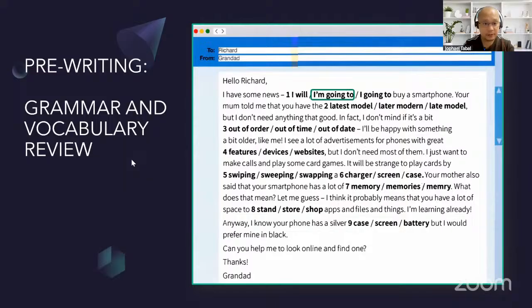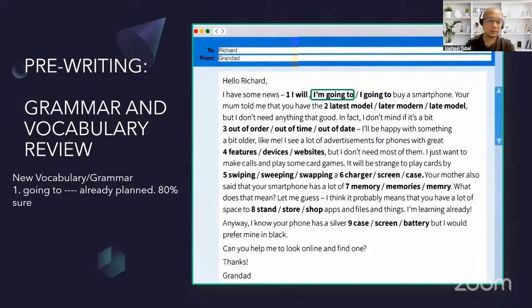So we have here new vocabulary or grammar. Going to here means planned, already planned, all right? That means it cannot be changed. This means 80% sure, and that's why we use going to here, okay?